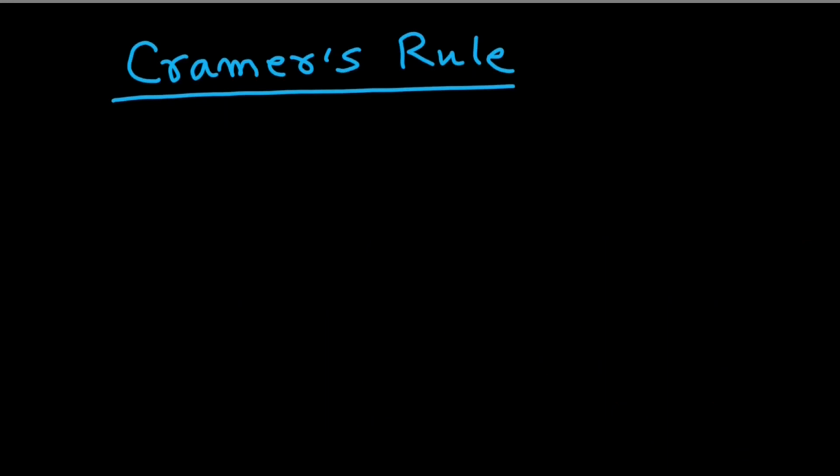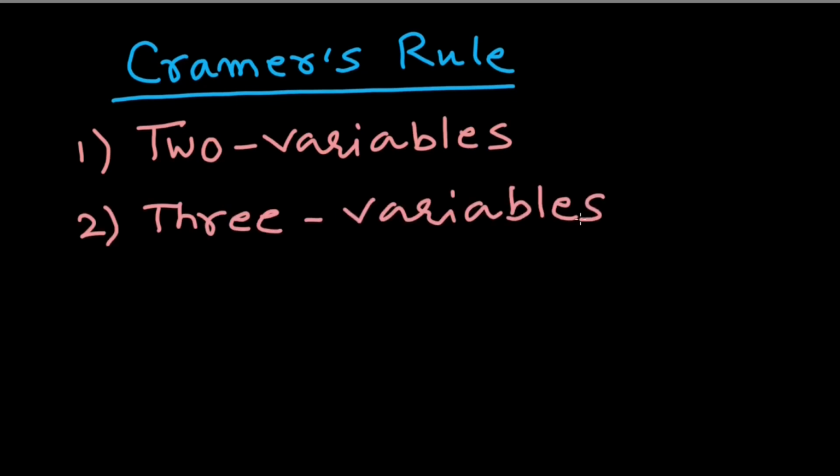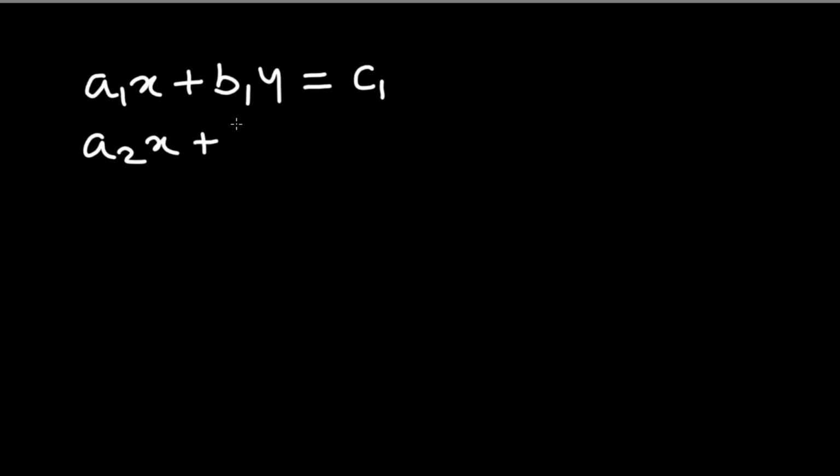We are going to see what is Cramer's rule and how it can be used to solve linear equations in two variables and three variables. To solve linear equations in two variables, we first write them one below the other, like a1x plus b1y equals c1, a2x plus b2y equals c2.